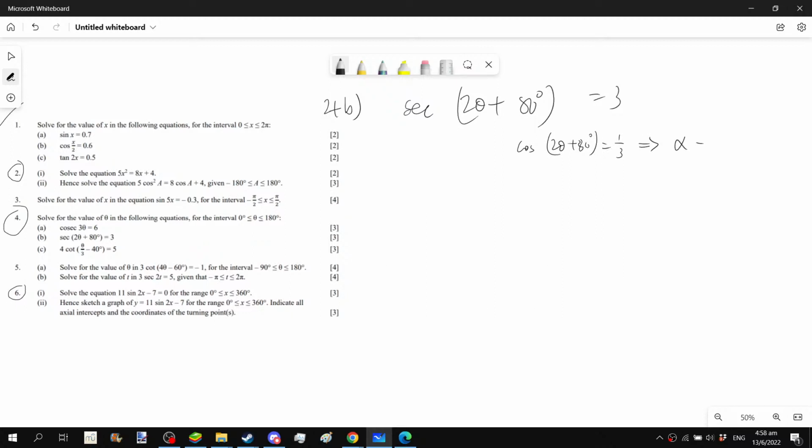Afterwards, we can find the basic angle by doing inverse cosine of 1 over 3, which will give you 70.52. Now the rules of the game will change quite dramatically. We're going to get this result.